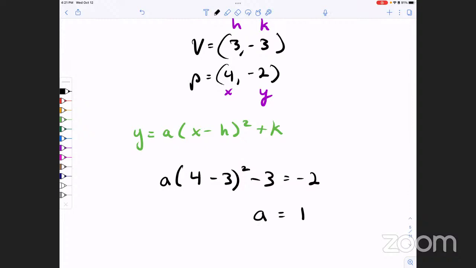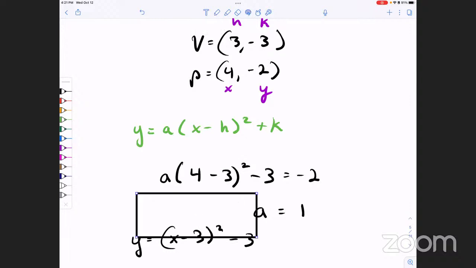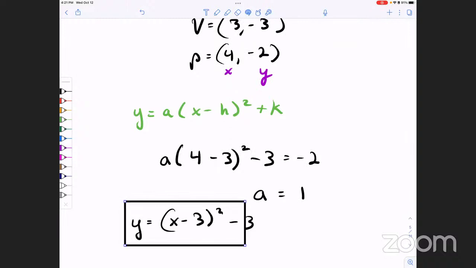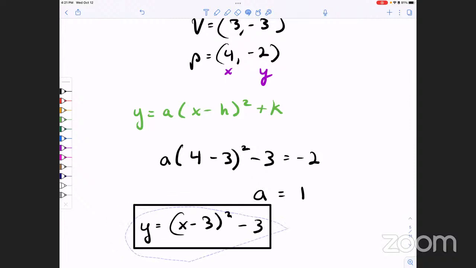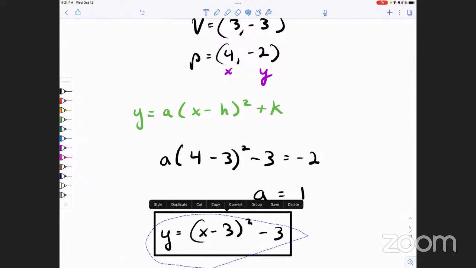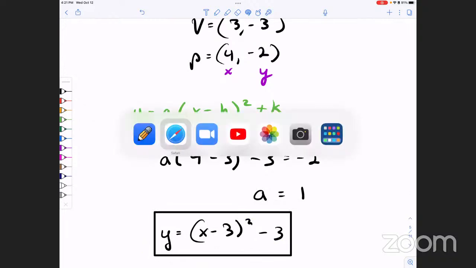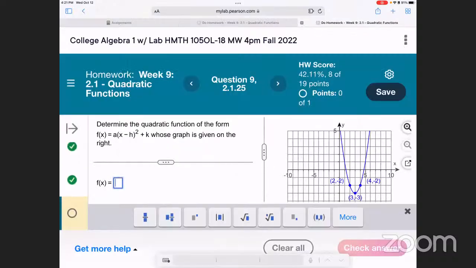So then we get y equals x minus 3 squared minus 3. Parentheses, x minus 3 squared minus 3.